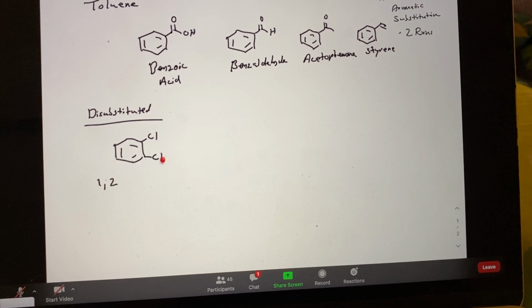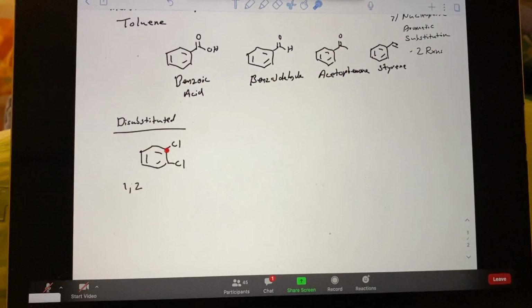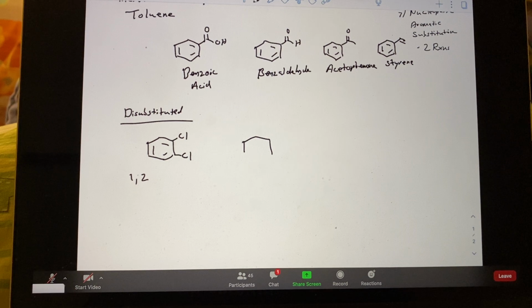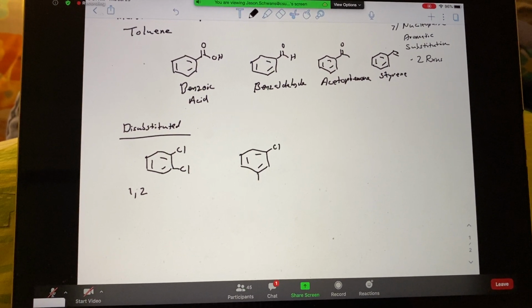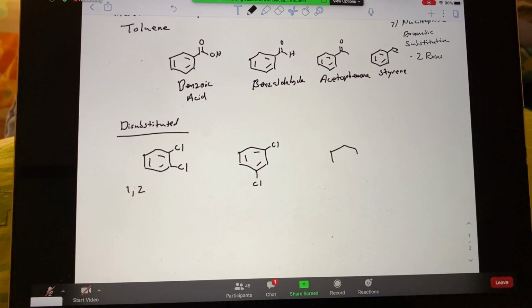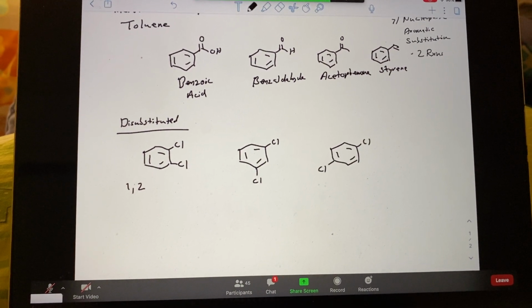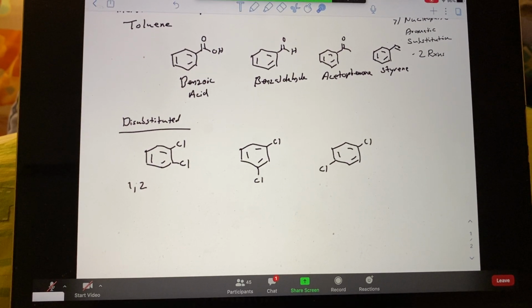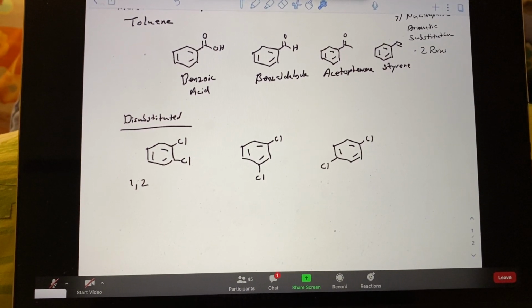They could be on the carbons adjacent to each other, right? So we'll call this the 1 and the 2 position, or 1 and 3, or 1 and 4. And actually, let's just draw all three of them to start with. So this arrangement, or this arrangement. And now we need to somehow indicate that they're both dichloro substituted, but what is that arrangement?